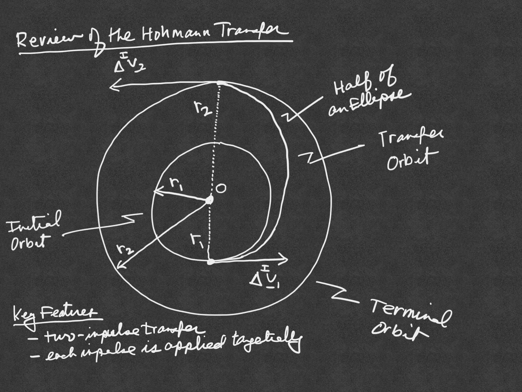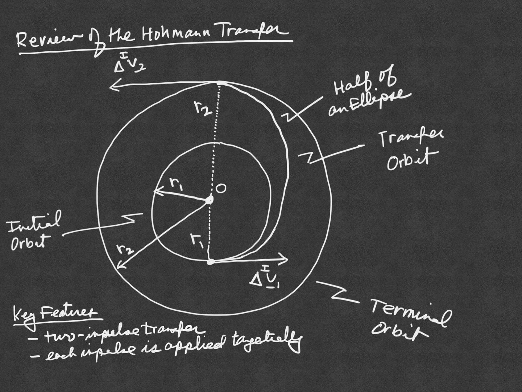Now, the key structure of these two tangential impulses is as follows. The first impulse, delta V1, is applied at the initial orbit in such a way that it's tangent to the initial orbit, and the size of that first impulse is such that the resulting transfer orbit, which is the Hohmann transfer orbit, is of a size such that its apoapsis distance is equal to the radius of the terminal orbit.